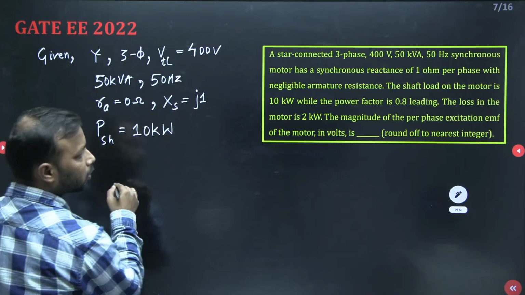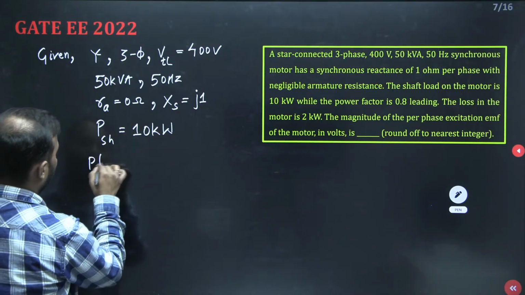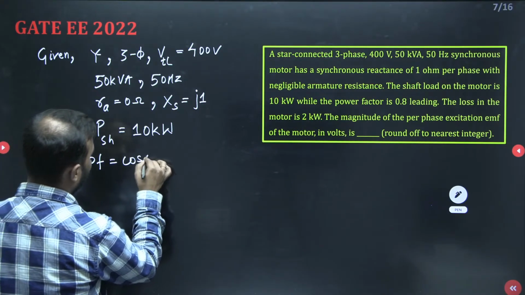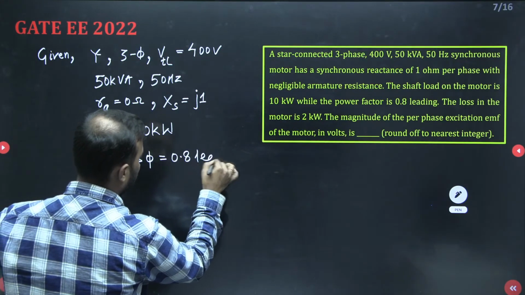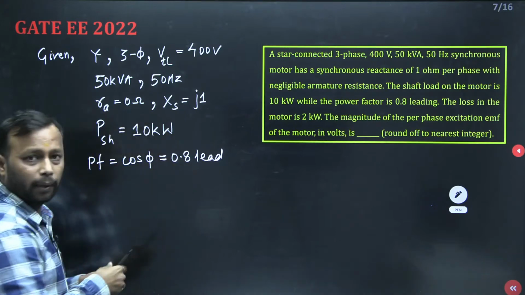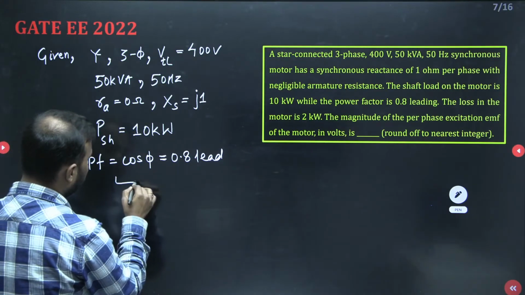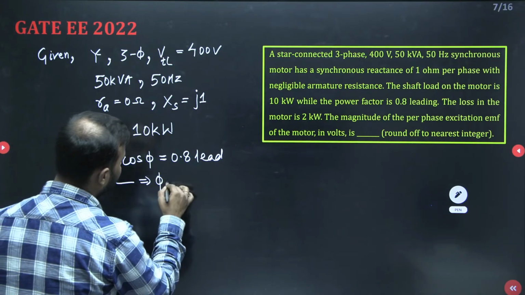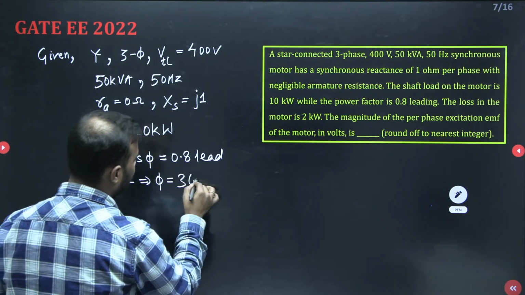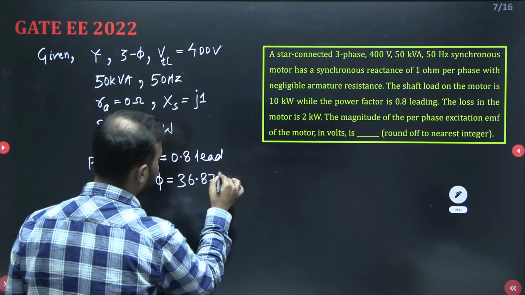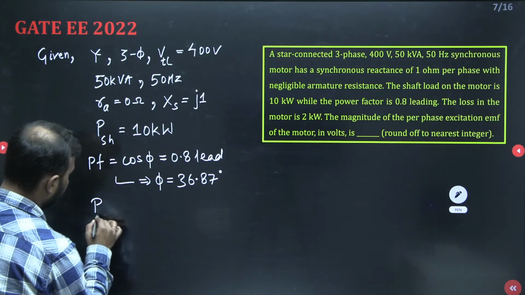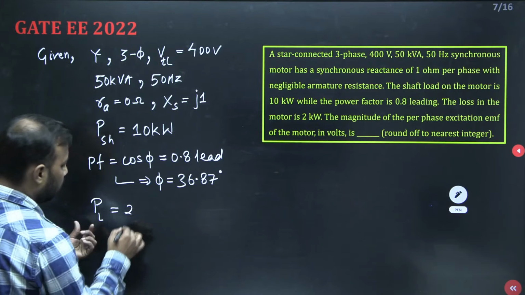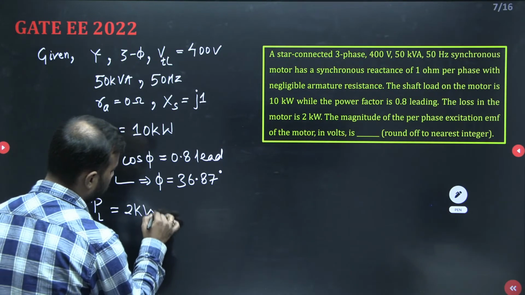And cos phi, that is power factor, is 0.8 and this is leading. So from here I will get phi value as cos inverse 0.8, which is 36.87 degree. And the loss in the machine, let me take this as PL, which is 2 kilowatt.